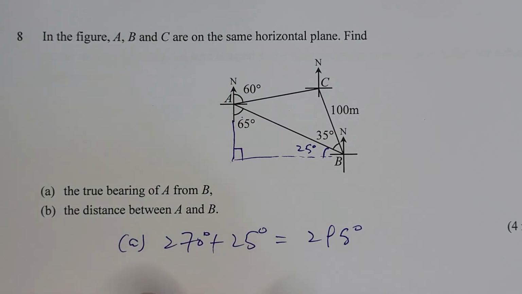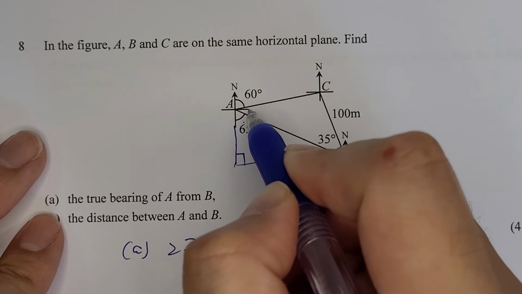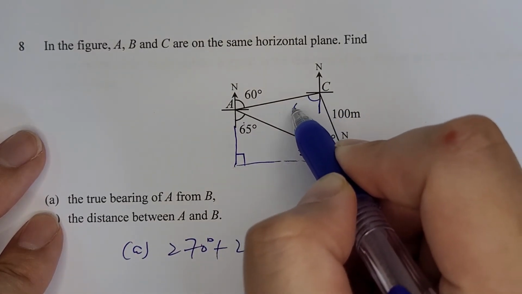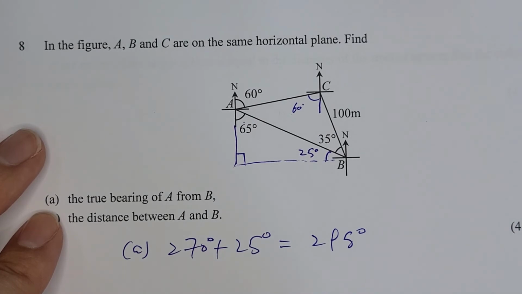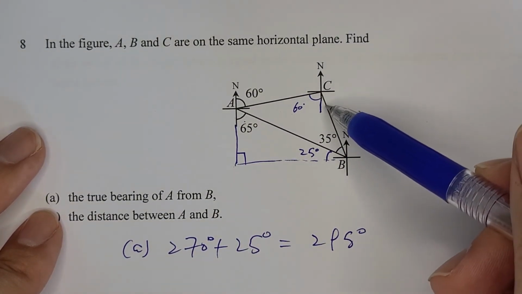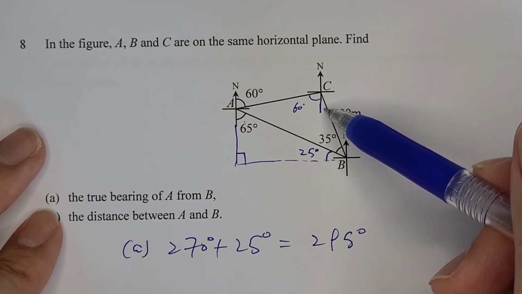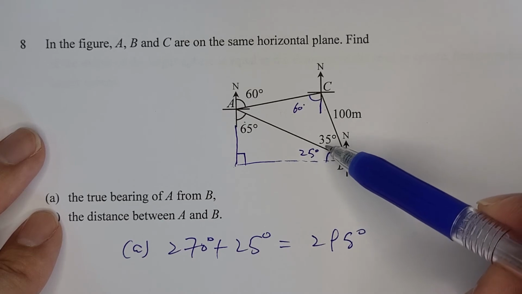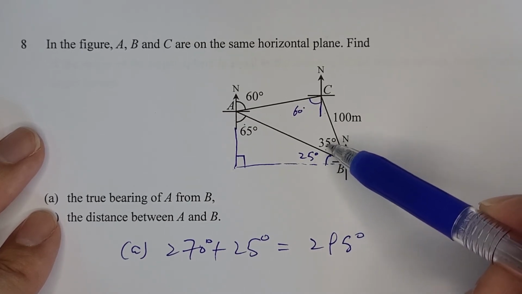Next, the distance between A and B, then how do we find this? Again, you can see in this way. Here, that is 60 degrees. Alright, and also the problem is, how do we find this angle? Here, you will see that 25 plus 35, that is 60 again.